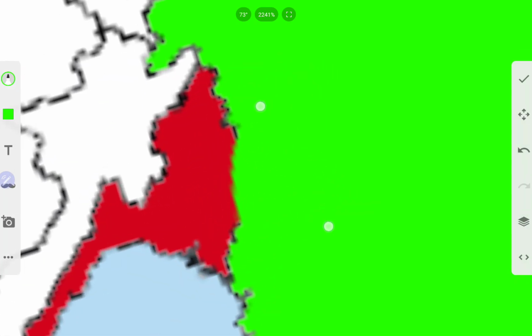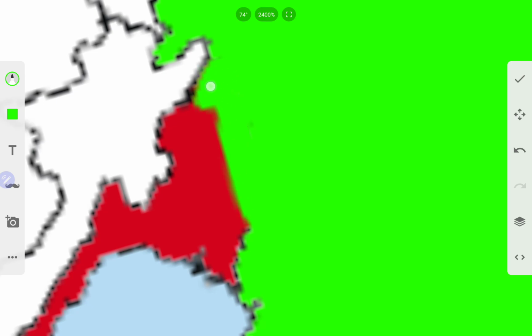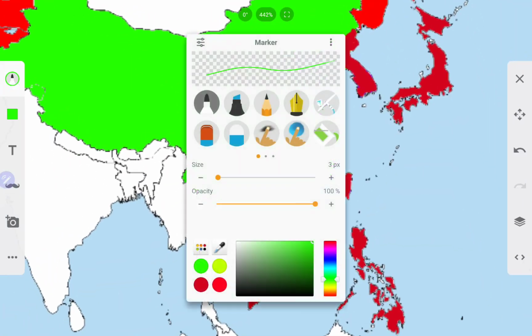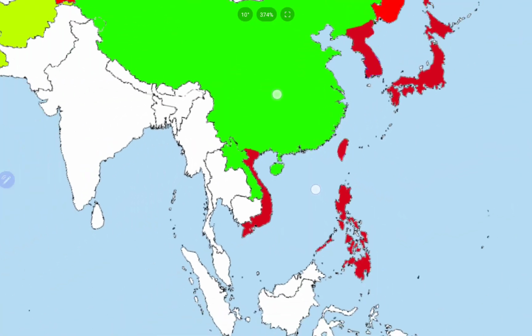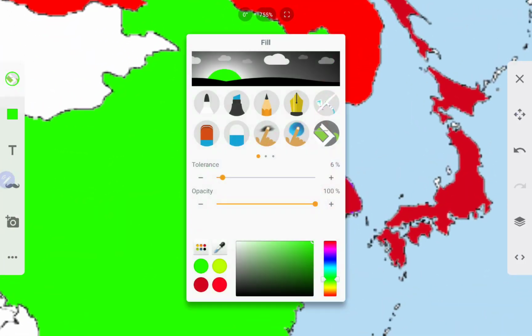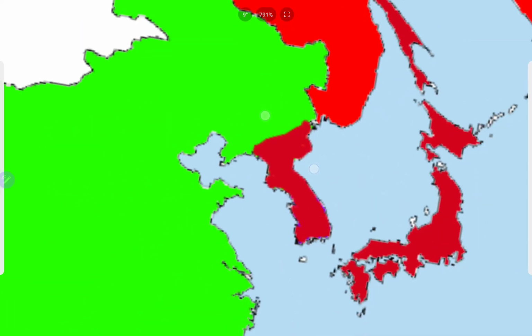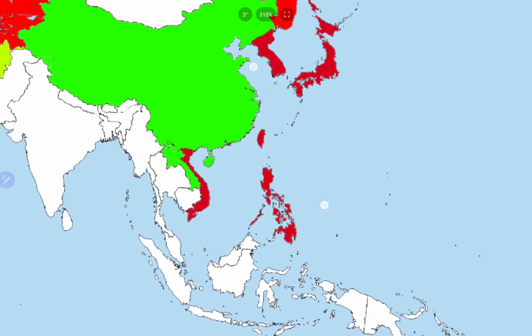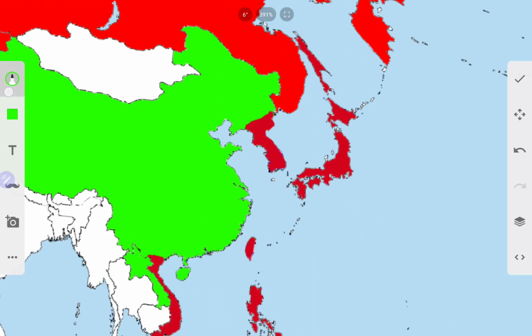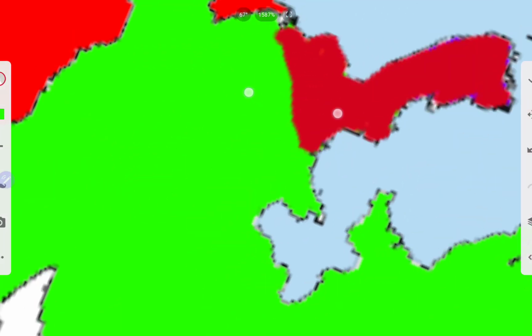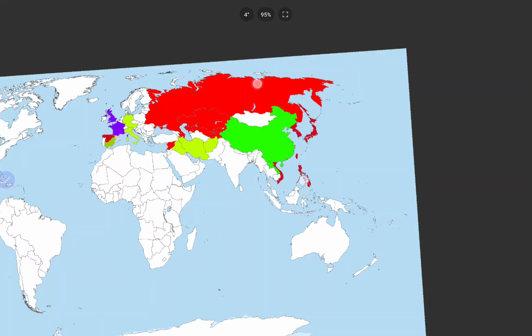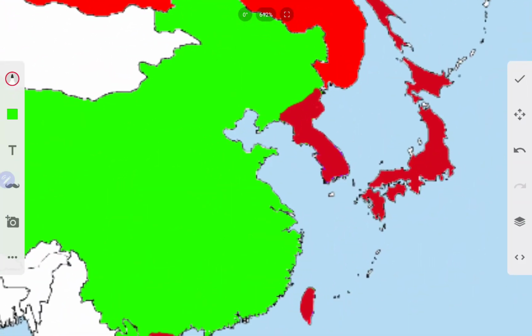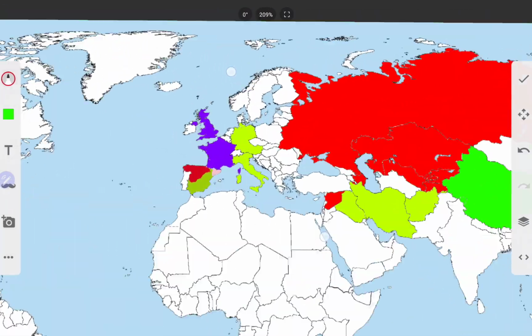Laos joins the side of China as well. Meanwhile, Japan is stuck at this corner here. China is a very powerful country. Even with the help of Vietnam and the Philippines, Japan is struggling, as China is actually a much more powerful country now than it was in the 1930s and 40s.